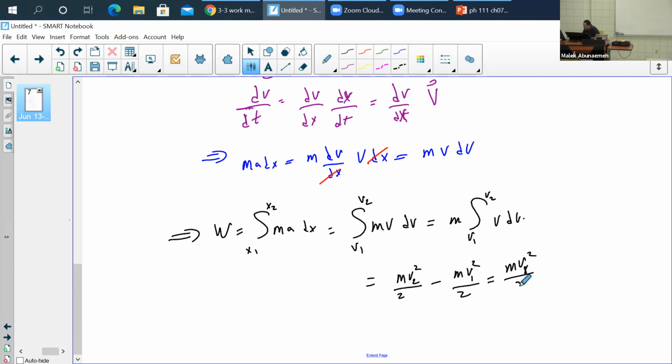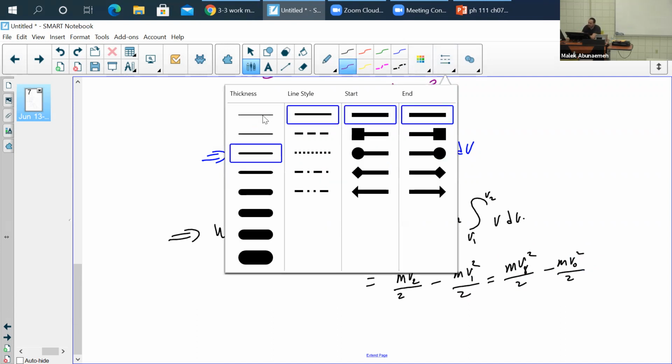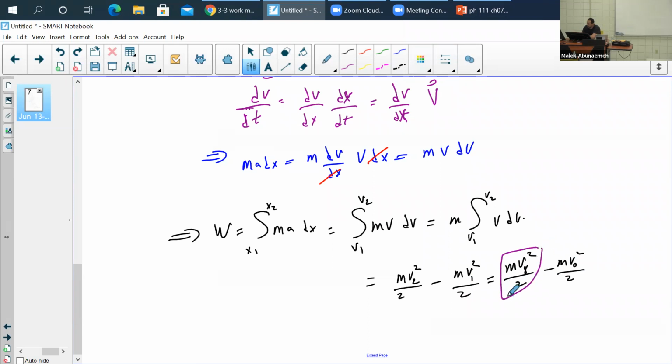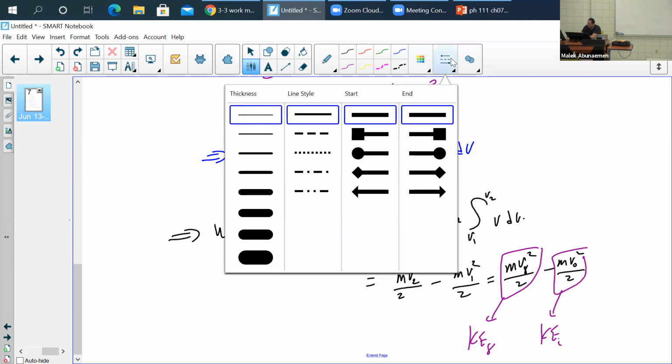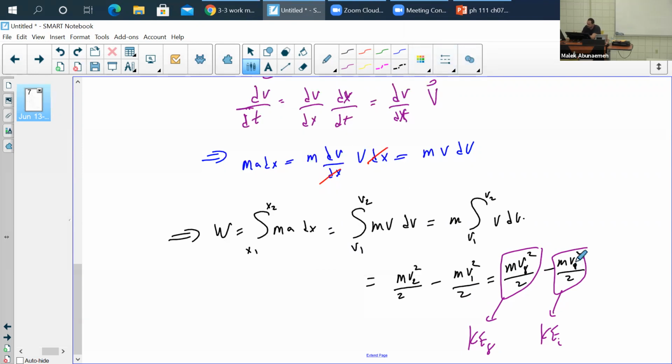Which is the same thing as saying m v final squared over 2 minus m v initial squared over 2, which again brings us back to the conclusion that this is your kinetic energy final, and this is your kinetic energy initial. Let me change this to an I for initial.